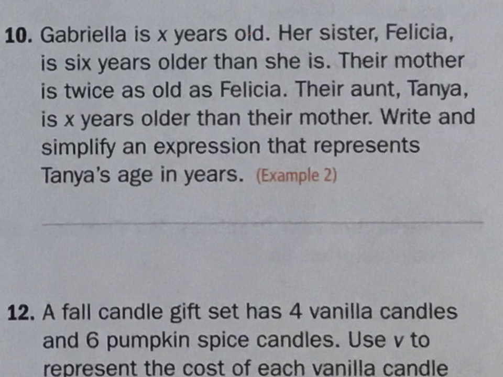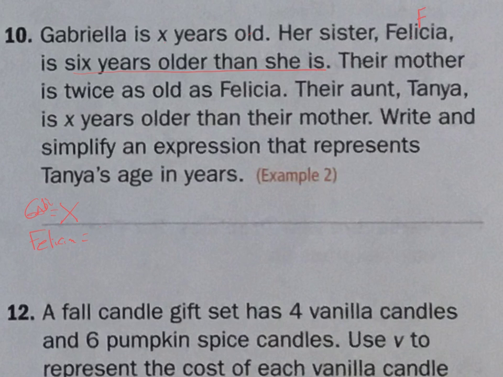Alright. So, we have her sister, Felicia, and she is 6 years older than Gabby. So Gabby is X. We know Gabby equals X. Her sister, Felicia, is 6 years older than Gabriella is.